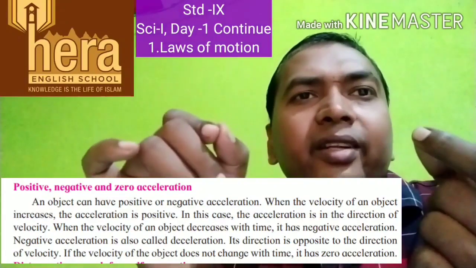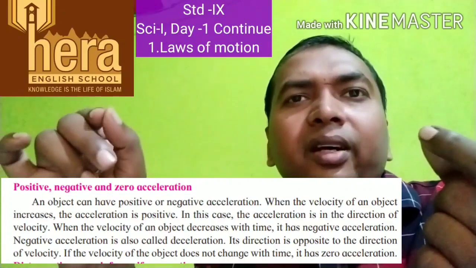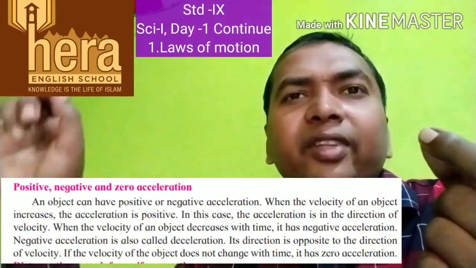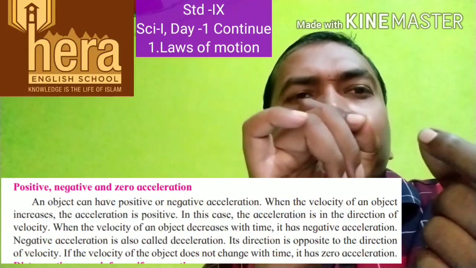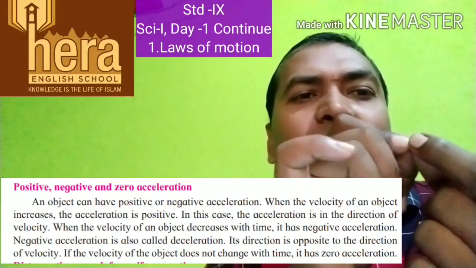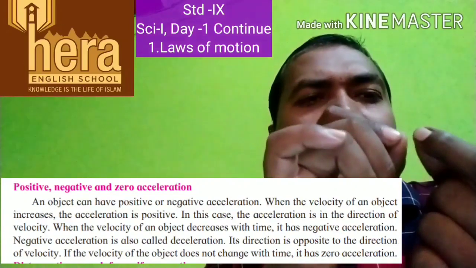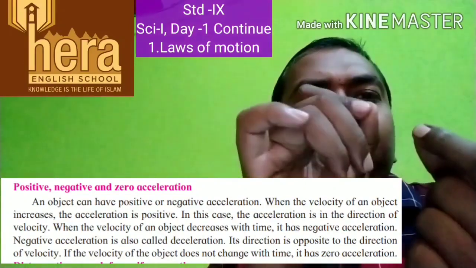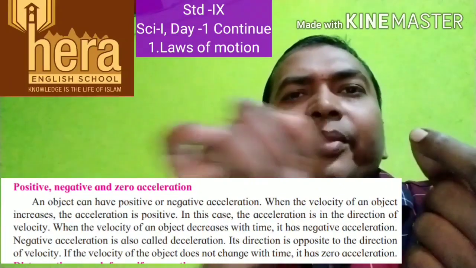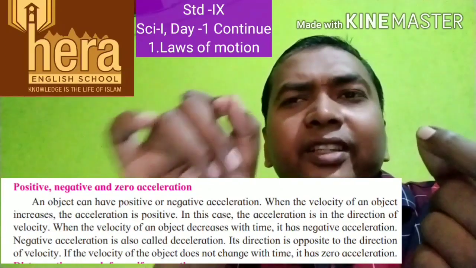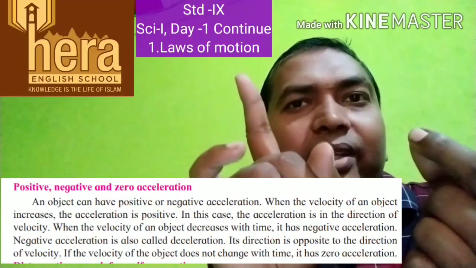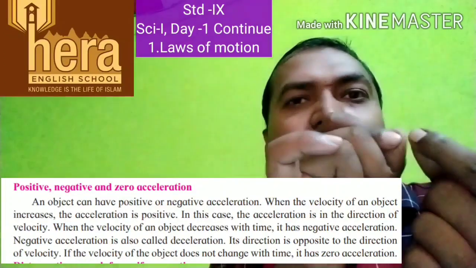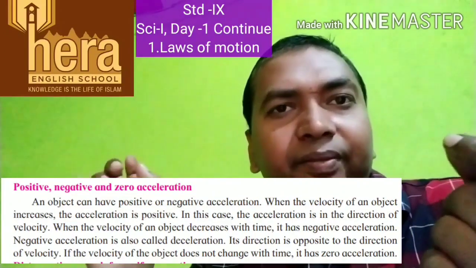After 1 second it became 3 meter per second. After 1 second it became 5 meter per second, 6 meter per second. Here change in velocity is positive because in the starting the object is moving 2 meter per second, after 1 second it is moving 3 meter per second. Here change in velocity is 3 minus 2, that will be equal to plus 1. That's why this is an example of positive acceleration.